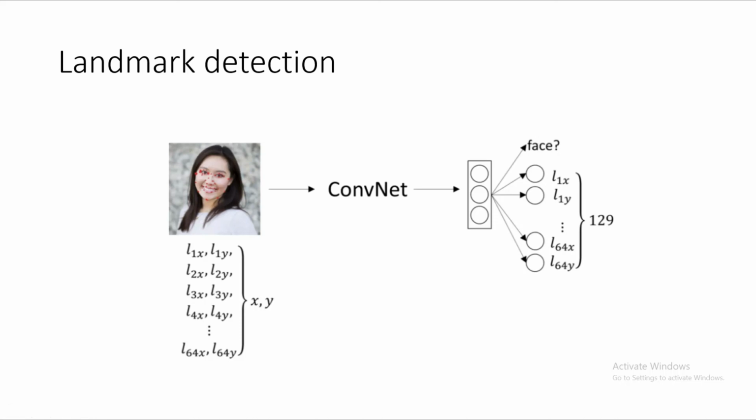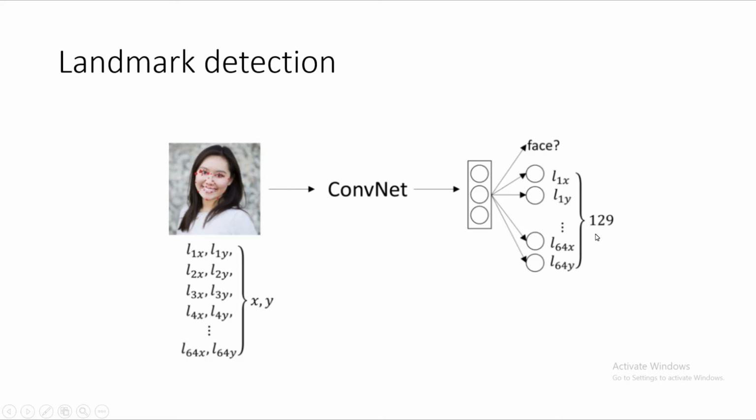Then we also have it output L1x and L1y and so on, down to L64x and L64y. And this example has 129 outputs.